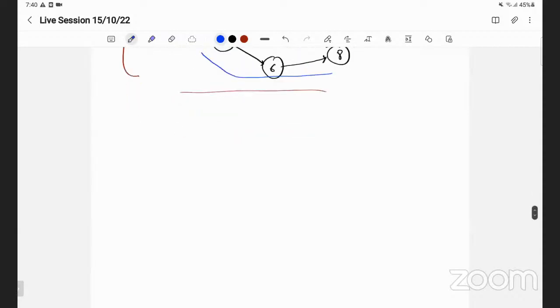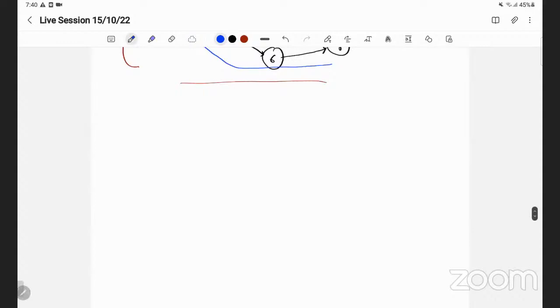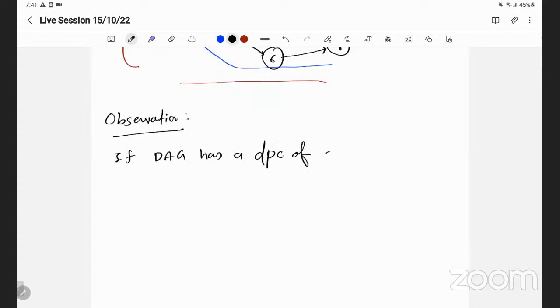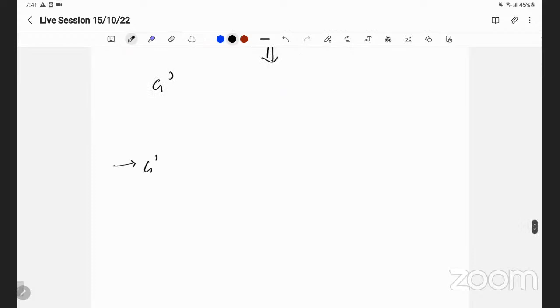So the observation you need to make, which was also part of the quiz question, is: if a directed acyclic graph has a disjoint path cover of size at max k, then, and this is a double implication, I will construct a new graph as follows.